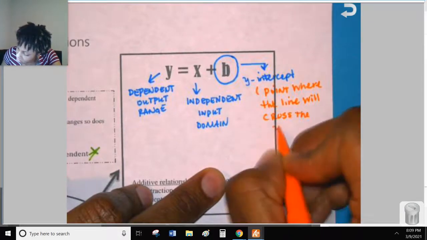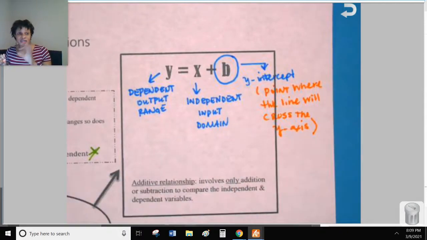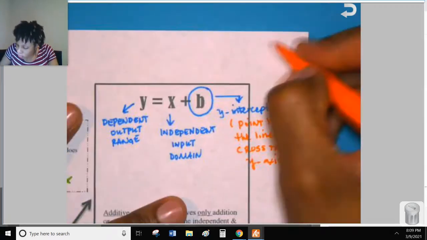Remember, in a proportional, it always crosses the y-axis at 0, okay? 0x, 0y, like right there, right? But in a non-proportional, it's going to cross at some other point that's not 0. So I'm going to draw a little picture.